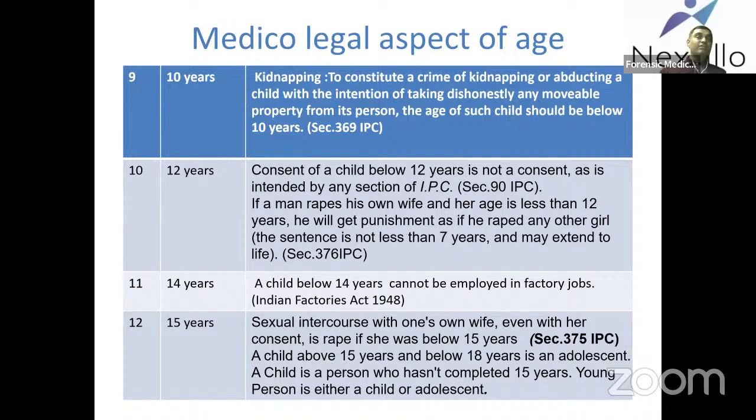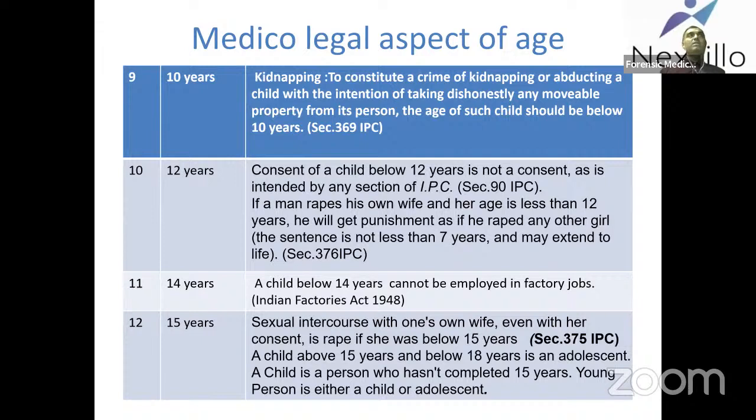At 14 years of age, we have seen which important joints must be X-rayed, because a child below 14 years of age cannot be employed in factory jobs according to the Indian Factories Act 1948. That's why we have to be very careful.